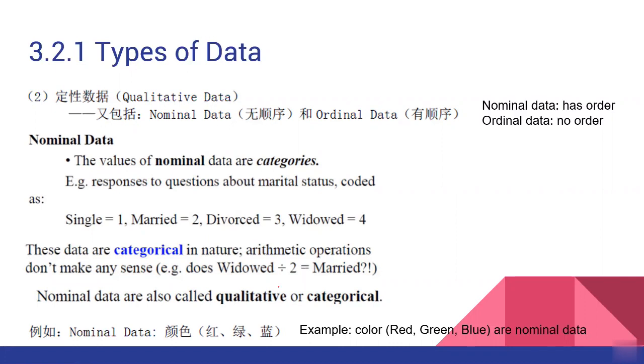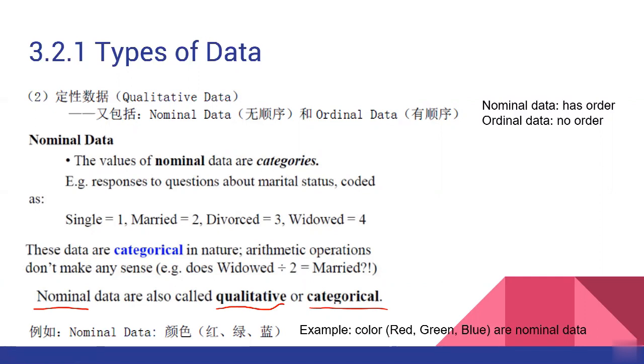They don't have real meaning. Okay. Nominal data are also called qualitative or categorical data. So these three names are the same: nominal, qualitative, or categorical.